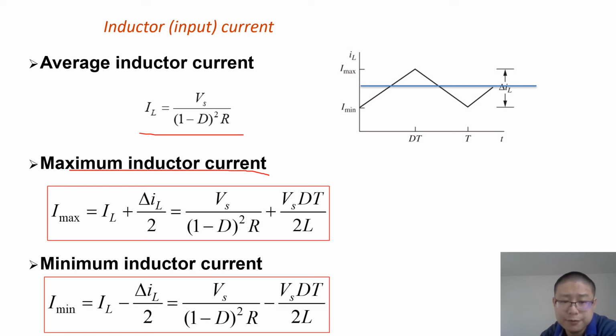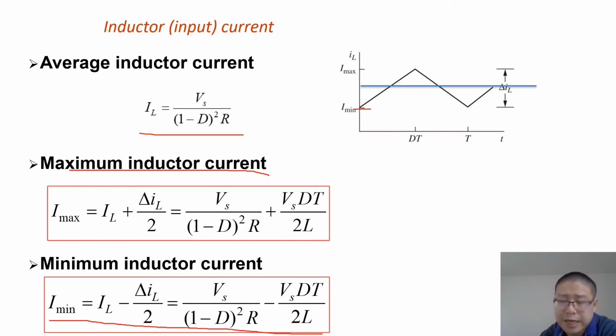And the minimum inductor current can be obtained by subtracting half of the inductor current ripple. So here we obtained the expression for the minimum current, that is the current here.